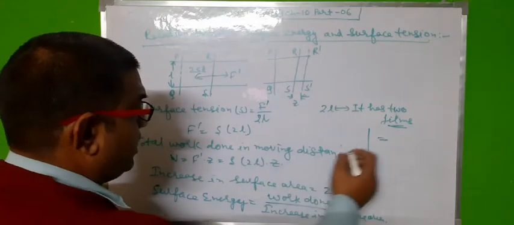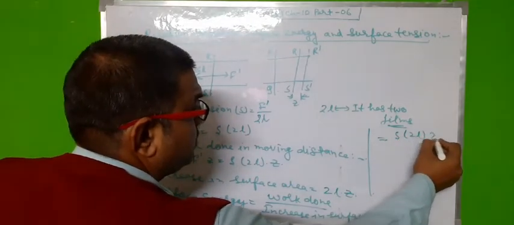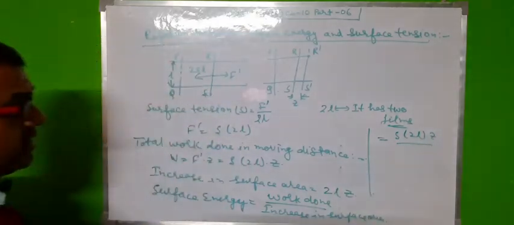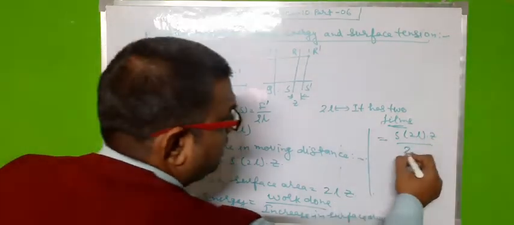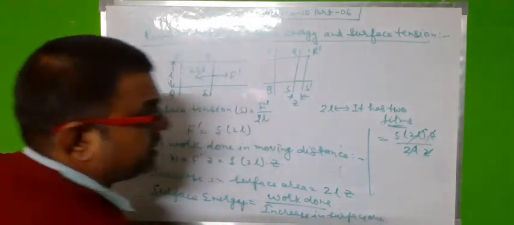Work done is S into 2L into Z, upon increase in surface area, which is 2L into Z. 2L and 2L cancel, Z and Z cancel out.